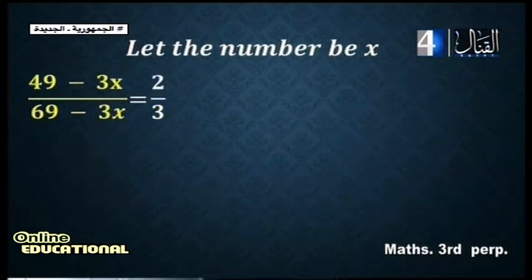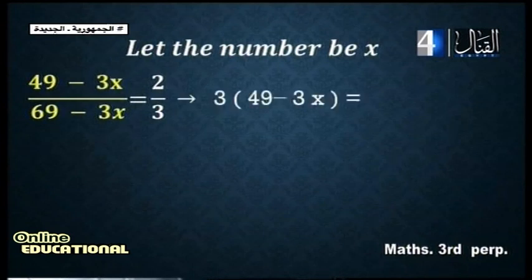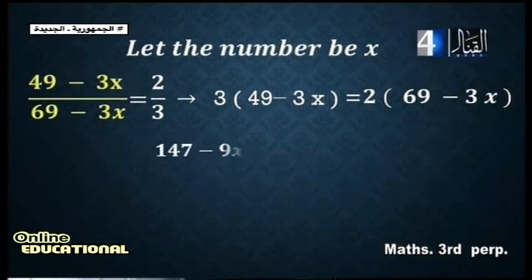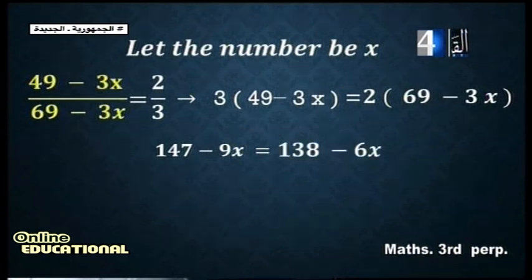equals 2/3. By making cross multiplication, it is 3 multiplied by (49 minus 3x) equals 2 multiplied by (69 minus 3x). Then by multiplying, 3 by 49 gives 147 minus 3 times 3x, 9x, equals 2 times 69 equals 138 minus 2 times 3x equals 6x.